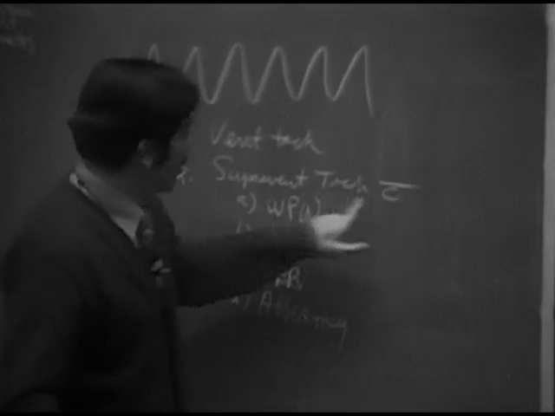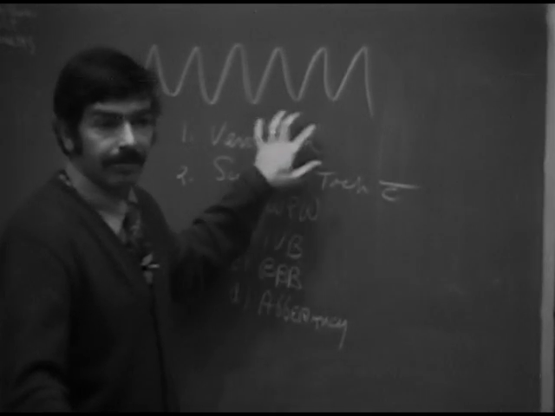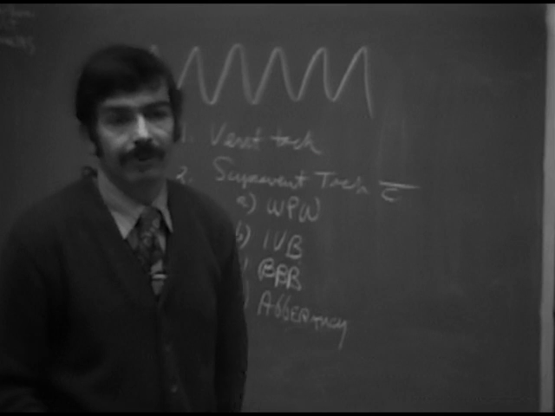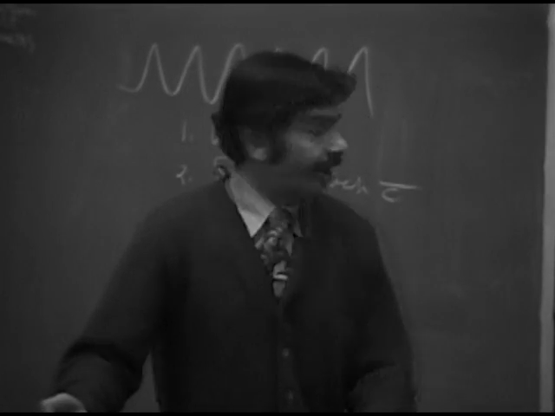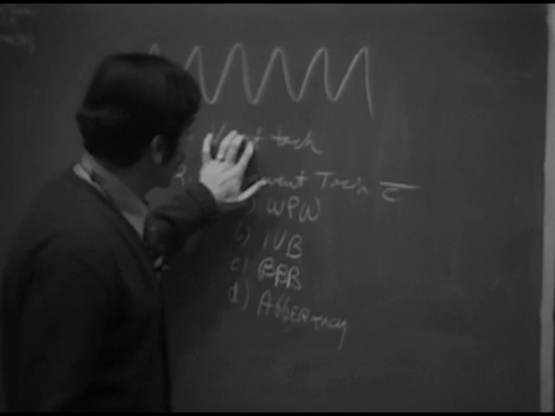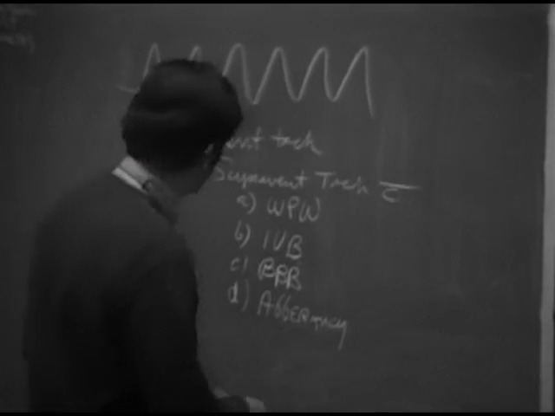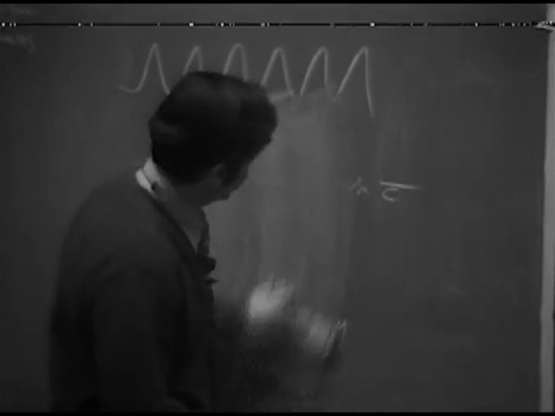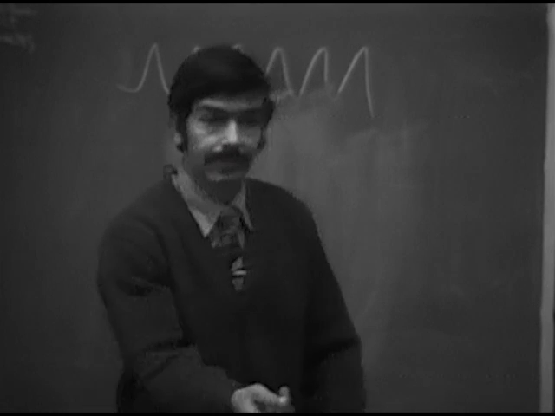Okay, so you can have a supraventricular tachycardia with any of these four things, and you could wind up with an EKG which will appear very much like a ventricular tachycardia. So the question is, how do you differentiate ventricular tachycardia from supraventricular tachycardia? And this can be a very difficult and pressing problem.